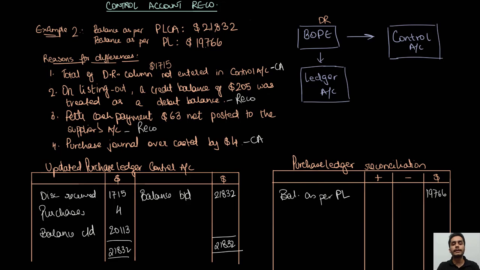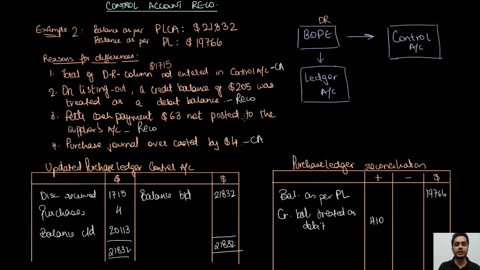Now you need to add this twice. First, to correct the error, and second, to actually give the effect of the $205 balance in the creditors account. So credit balance treated as debit, in the plus column, I'll have double of 205, which is 410.